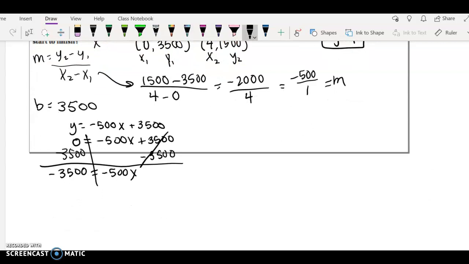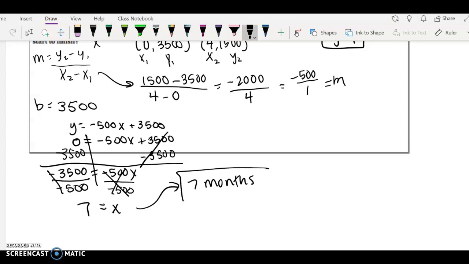Now I'm multiplying negative 500 times x, so I'm going to divide by negative 500. These cancel, and that leaves me with x equals 7, because our negatives cancel, and 3,500 divided by 500 is 7. So it will take 7 months to complete the project.